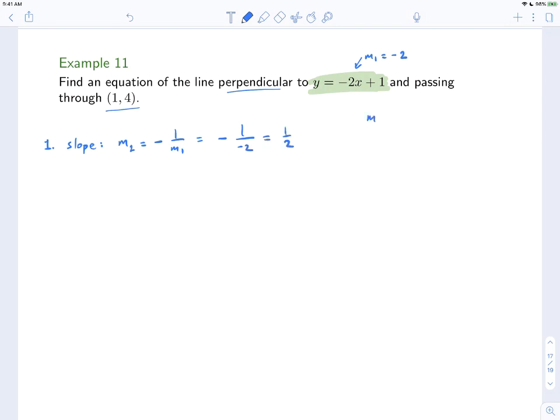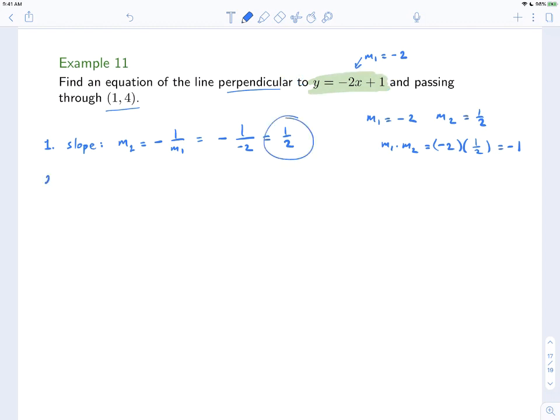So we have m1 equals negative 2 and m2 equals 1/2. So if I multiply these together, that's minus 2 times 1/2 equals negative 1. So that means that I have found the slope of an equation which is perpendicular to the given equation. So that's my slope right there.